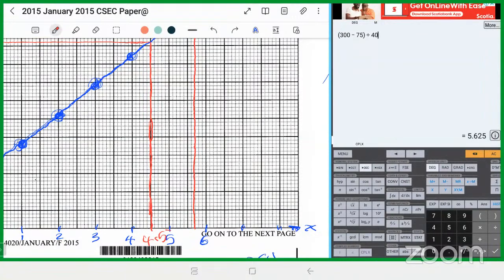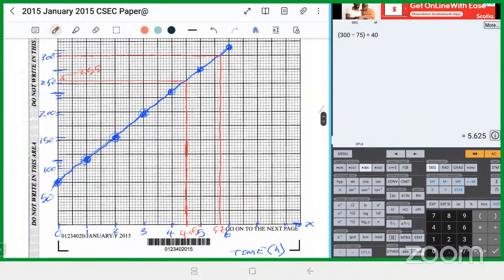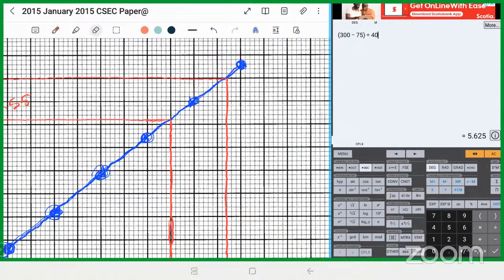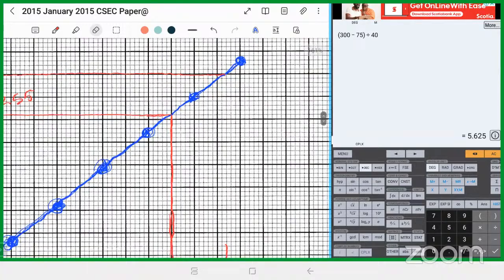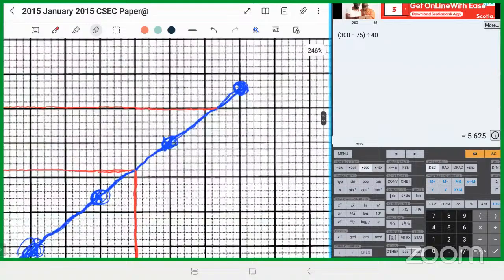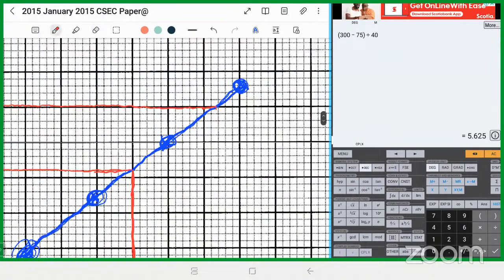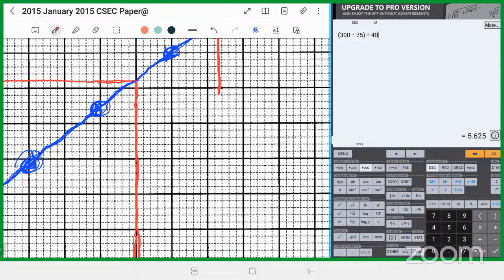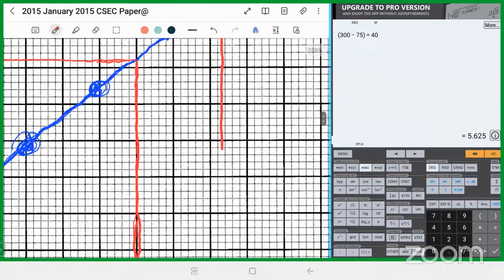The exact value is 5.625, but I would give the examiner what my graph gave me. Maybe if you come a little bit closer, it's actually 5.55. Look a little bit closer here. On our graph it's right in between here and here, actually. So it's 5.6 something. Maybe I'll give him 5.65.